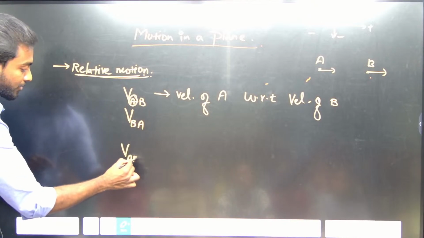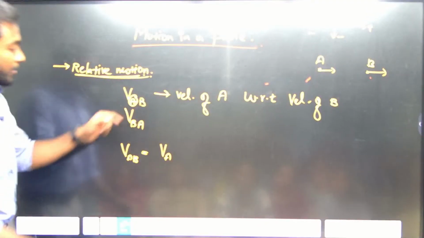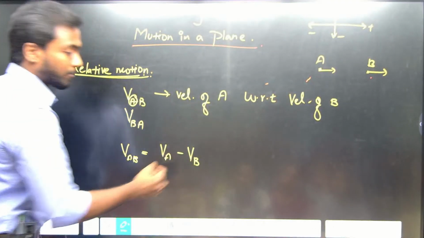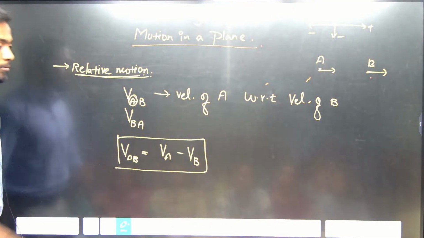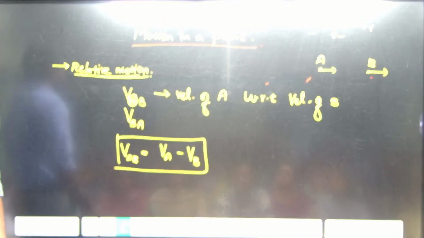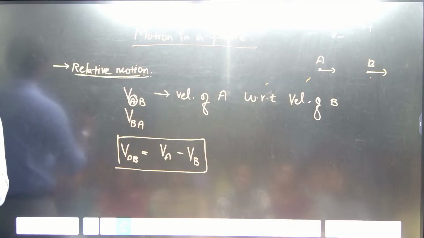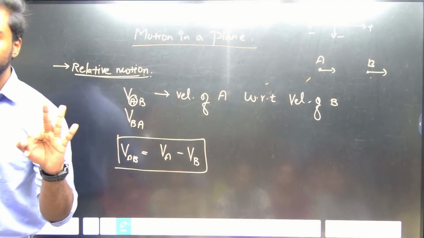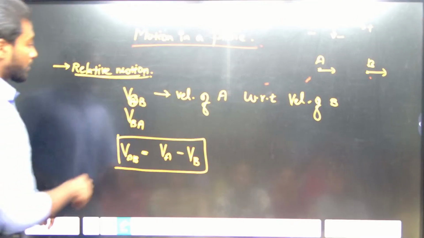Write the first term as it is, velocity of A. Second term, minus velocity of B. So this is the basic formula which we need to keep in mind whenever we are doing relative motion. Under motion we get displacement, velocity, acceleration, and for everything it is the same formula.